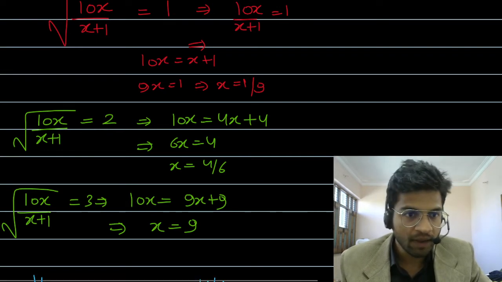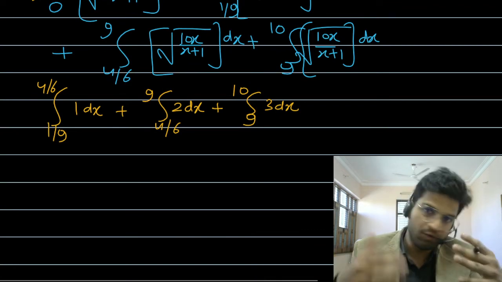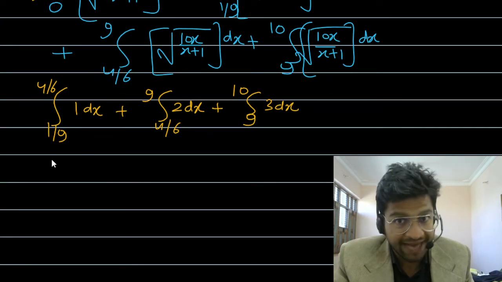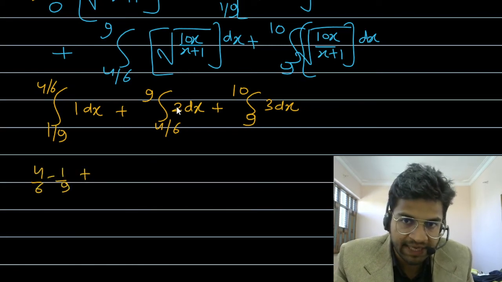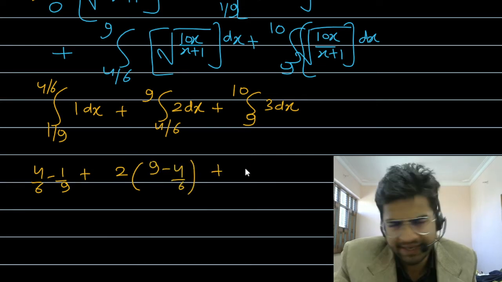So we have this expression. Now what we need to do is calculate. The integral of 1 dx is x only. So this is 4 by 6 minus 1 by 9. Then you can certainly take 2 common, and get 9 minus 4 by 6. Then finally 3 into (10 minus 9), that is 3 only.